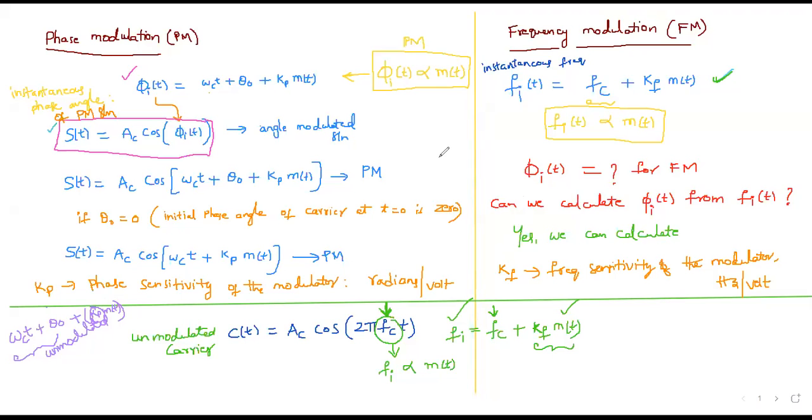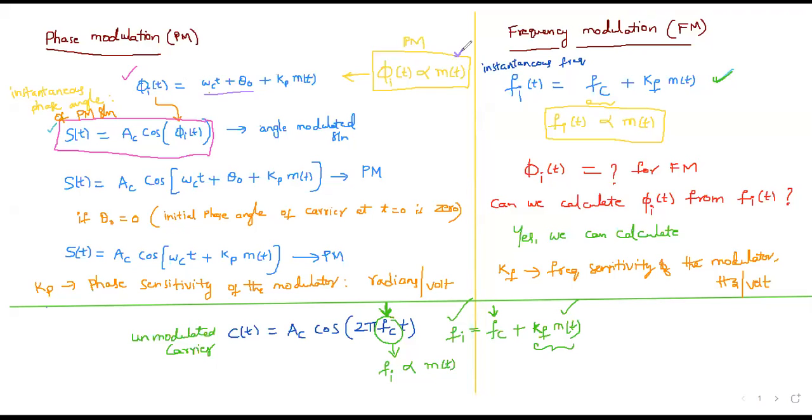The point I'm trying to tell you is that phase modulation is somewhat a straightforward method, because we directly derive the instantaneous phase angle. Omega ct plus theta naught is the unmodulated phase angle, and plus kp into m of t is added because I want to generate a phase modulation signal, wherein the phase is varied directly with respect to the message signal.